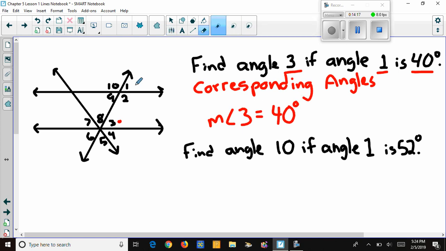Now let's look at angle 10 and how it relates to angle 1. So find angle 10 if angle 1 is 52 degrees. So here's angle 10 and here's angle 1. Now, these angles are from previous notes, so from a previous class where you would have learned about angles adding up to a certain measure. Angle 1 and angle 10 are examples of supplementary angles.